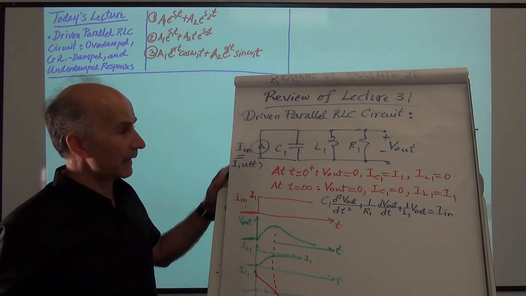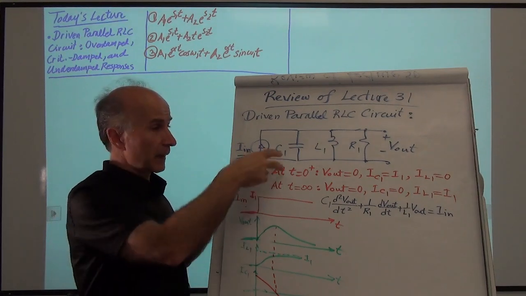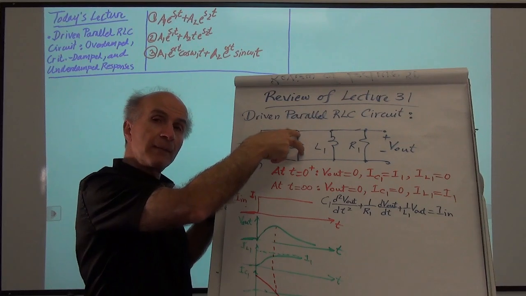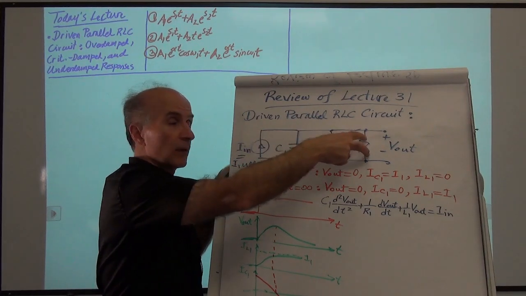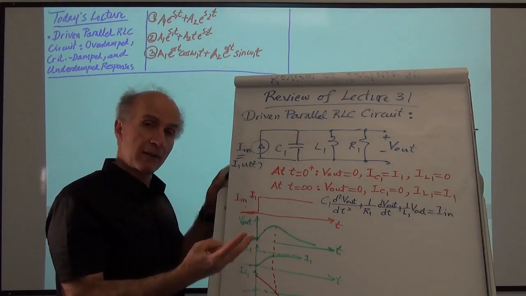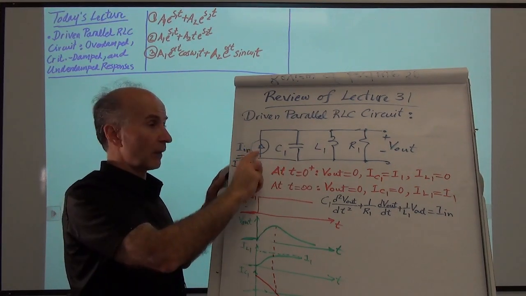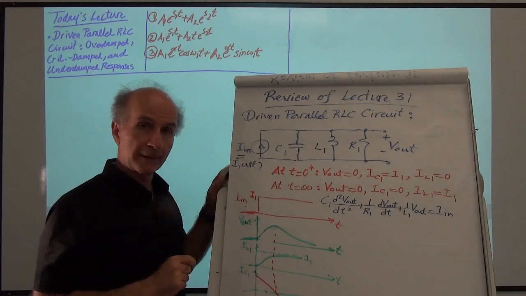At time 0 plus, the capacitor wants to maintain a 0 volt difference here, so it doesn't allow any current to flow through R1 because R1 has 0 volts across it. And the inductor doesn't want to have any current, so all of the current has to flow through C1.